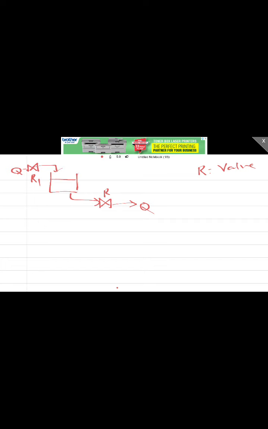Now the flow Q is added with a quantity Qi, that is the input flow rate, and the output flow rate is changed by Q naught. These are the steady state values. If the value is maintained at capital Q, then the level will be the same. Now I have changed this Q by Qi, so accordingly this Q naught we have obtained.